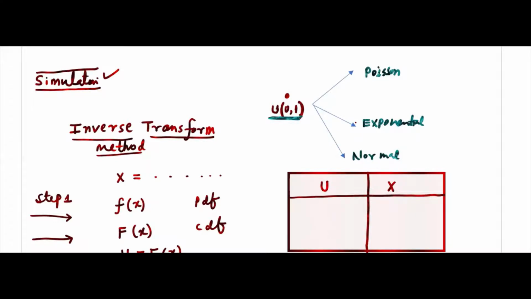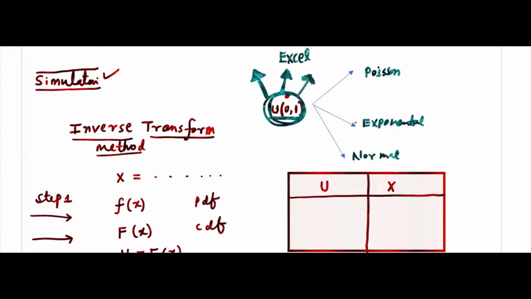So where do you get these numbers? You have three choices. One, you can use a calculator. I'll tell you how to use a calculator. The other one is using Excel or any programming language, R, Python, C, whatever you know.